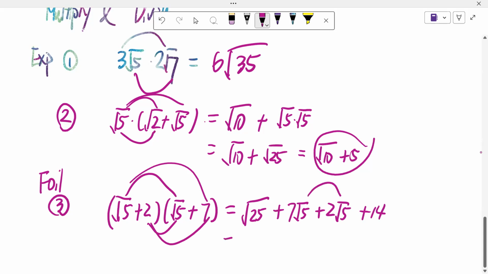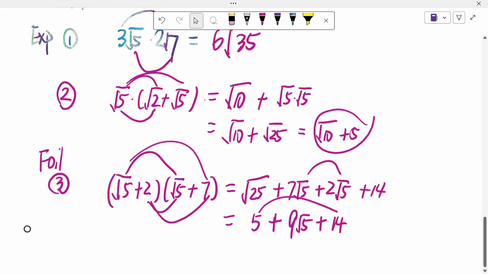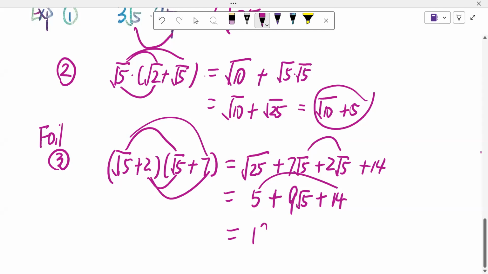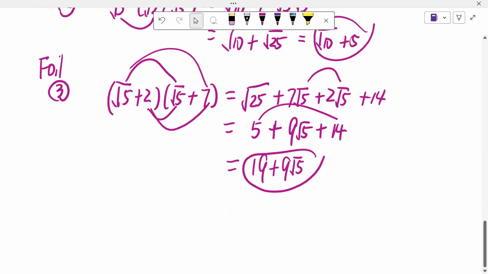You combine those, radical 25 is 5. Combine the middle two terms, 7 plus 2 is 9 radical 5. And adding 14. Now add 5 and 14, it's 19. So it's 19 plus 9 radical 5.